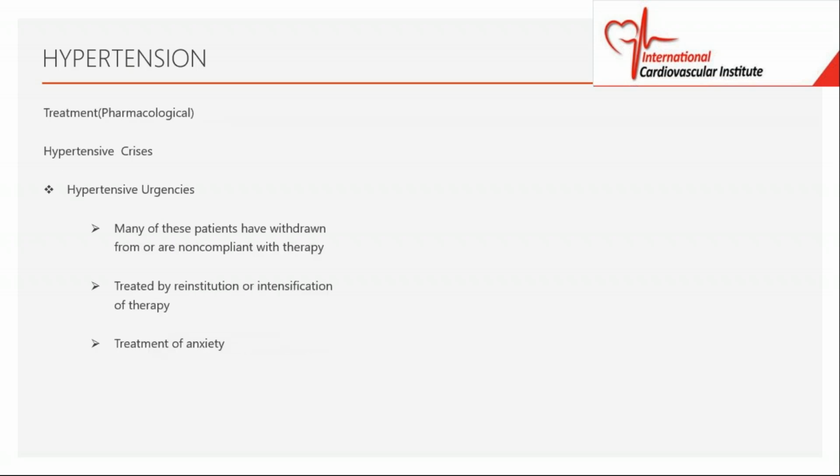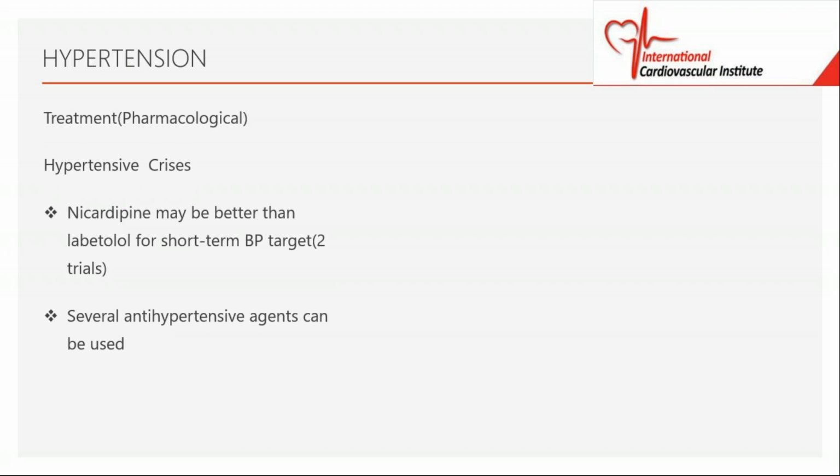All right. So many of these patients have withdrawn from or are non-compliant with their medications. So all you have to do is reinstitute or just intensify the therapy. And some of these patients, you have to treat their anxiety. I've treated a lot of patient anxiety in addition to their antihypertensive to get the blood pressure down.